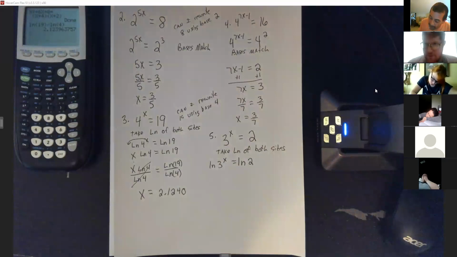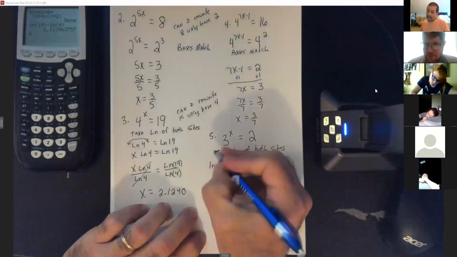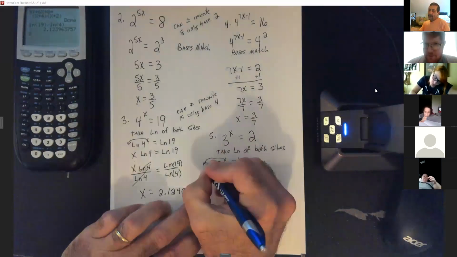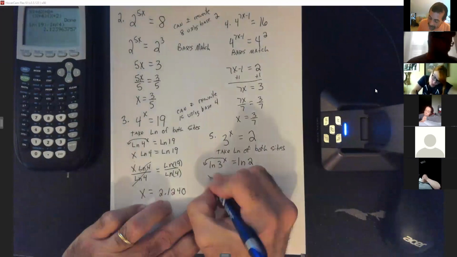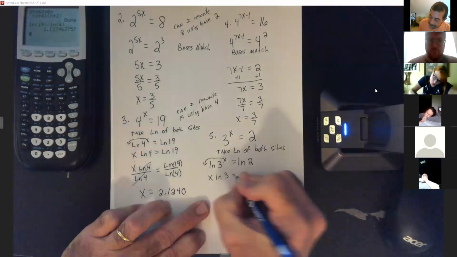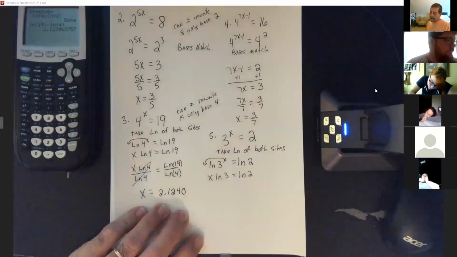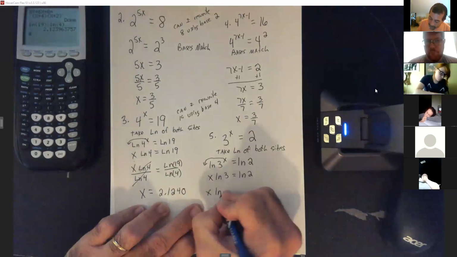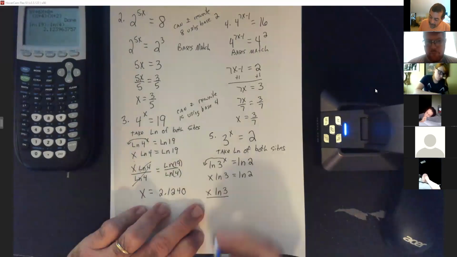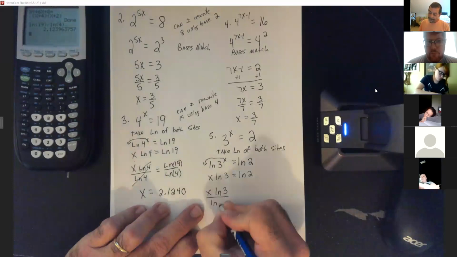The reason we're doing that is because we're solving for that x, and we can't do it while it's up there in the exponent spot. So good job. So that's x ln 3 equals ln 2. One more move, y'all, and we're done. We're going to divide both sides by ln of 3.